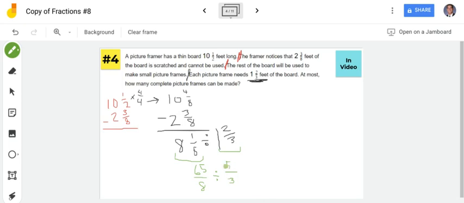Now, because I am dividing fractions, I know that dividing by a fraction is the same as multiplying by its reciprocal. Okay, so now I'm going to come up here to have more room. I'm going to use KFC because I'm dividing fractions. Remember, I only use KFC when dividing fractions. So I'm going to keep this first fraction as it is, 65 over 8.